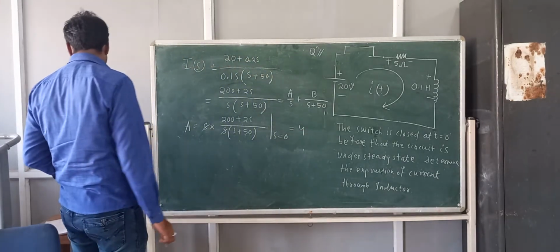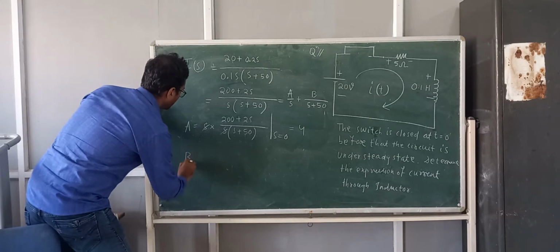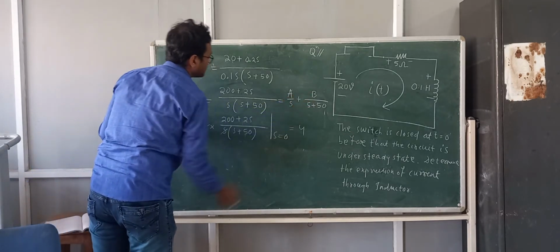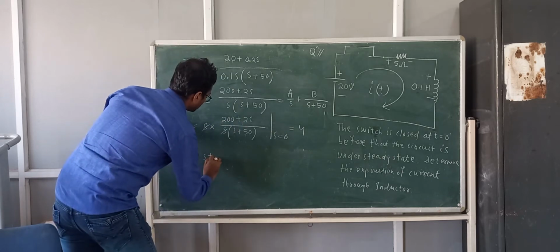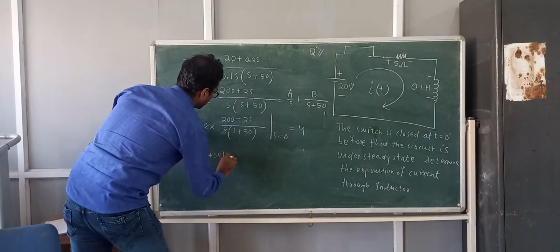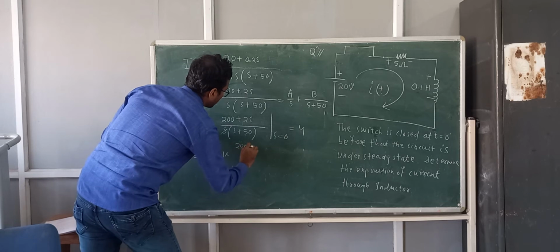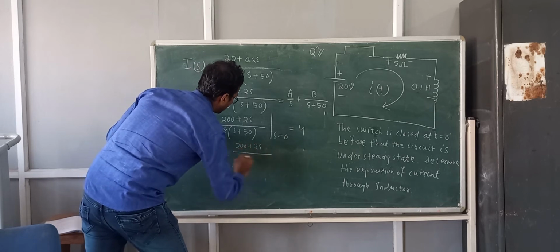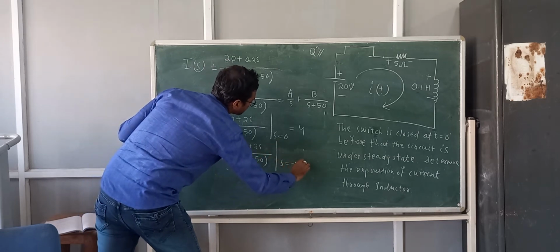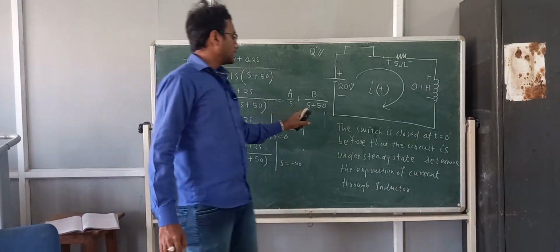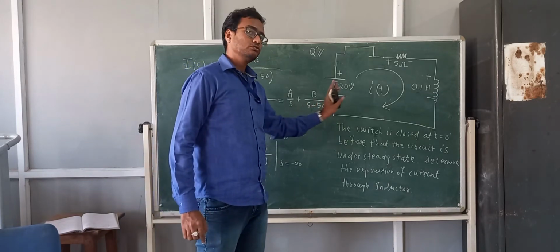Then what is B here? What is the denominator of B? s plus 50. Multiply s plus 50 with this. So s plus 50 into 200 plus 2s divided by s whole into s plus 50. In place of s, what do you have to put? Minus 50, because we equate s plus 50 to 0.